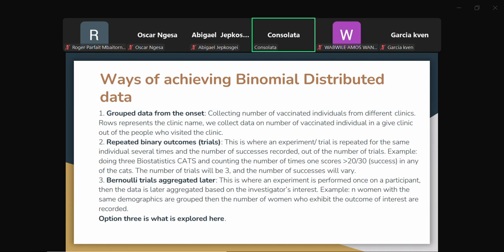And in our analysis, it's more of option 3, where we have Bernoulli trials aggregated during analysis, because we used the same data set for Bernoulli and then we aggregated it to use it for binomial modeling.